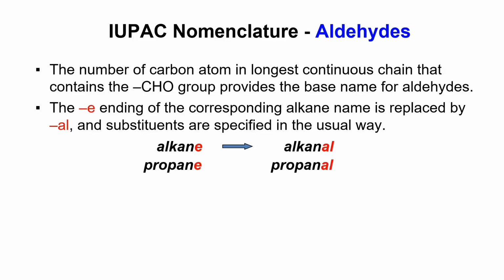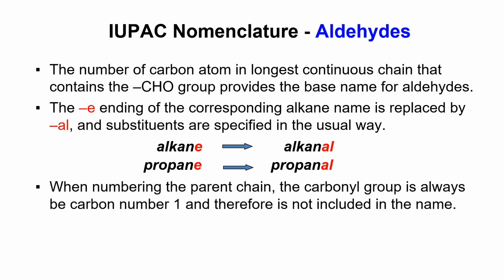Let's say we have 3 carbon atoms in an alkane, the IUPAC name is propane, while for 3 carbon atoms in an aldehyde, the IUPAC name is propanal. When numbering the parent chain, the carbonyl group, which is carbon double bonded to oxygen, is always carbon number 1 and therefore is not included in the name.